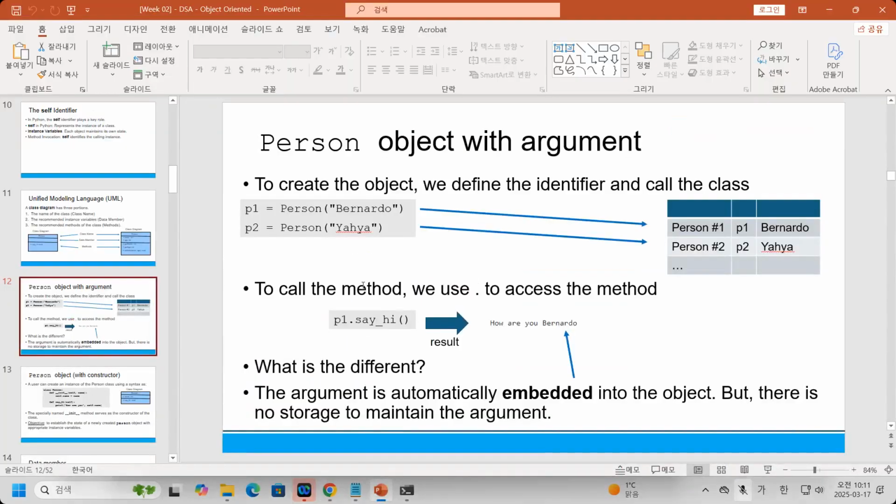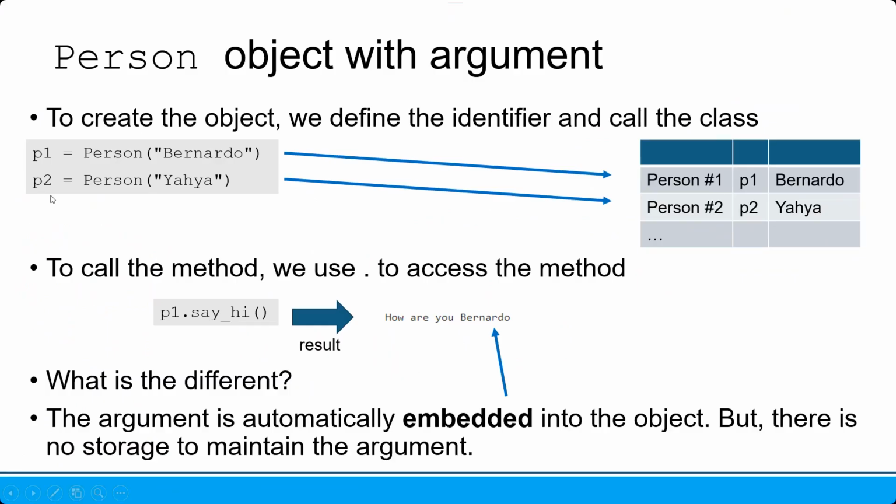Now, there can be a class with argument. What is argument? In order to create an object, we can define the identifier and call the class. So we have P1 as one object, but when we call P1, we do not know who this person is.